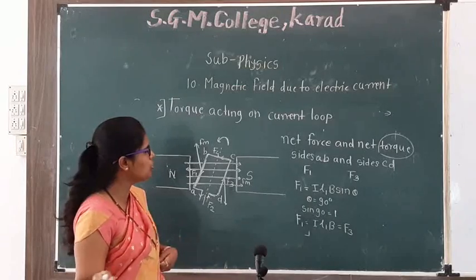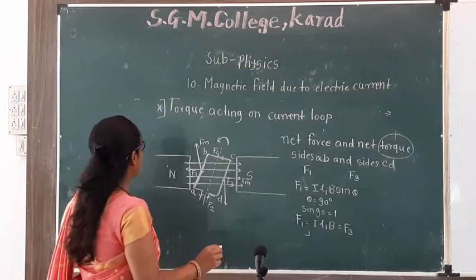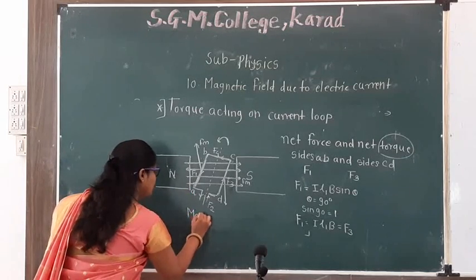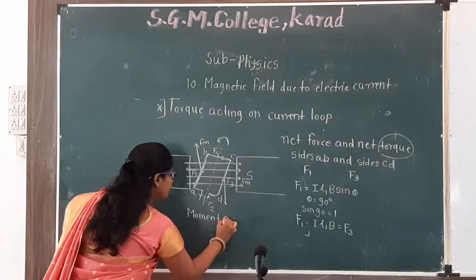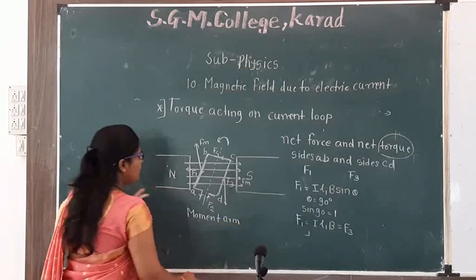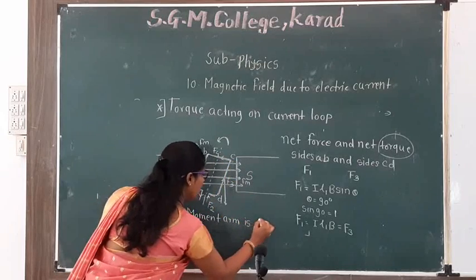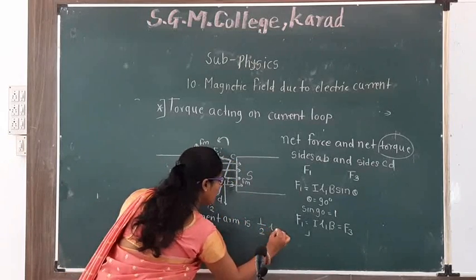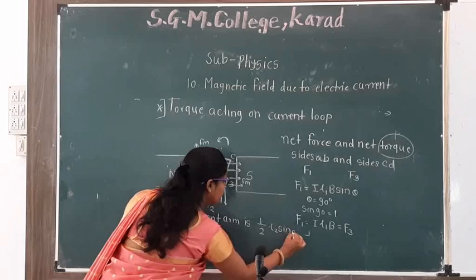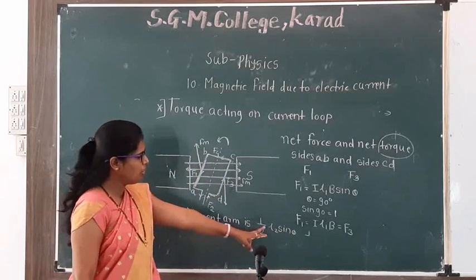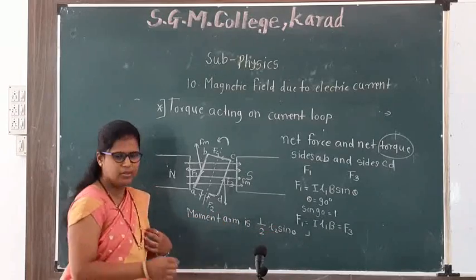This torque also has a moment arm. The moment arm along this axis is 1/2 L2 sin theta. Both moment arms are 1/2 L2 sin theta.